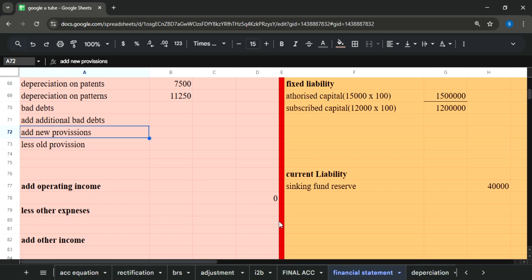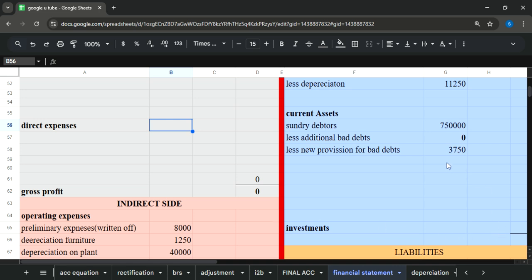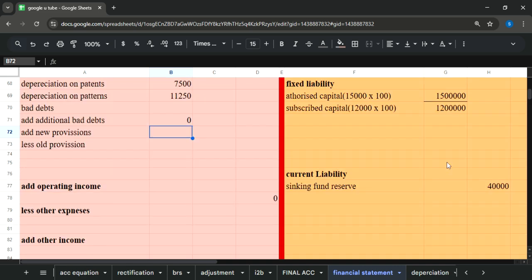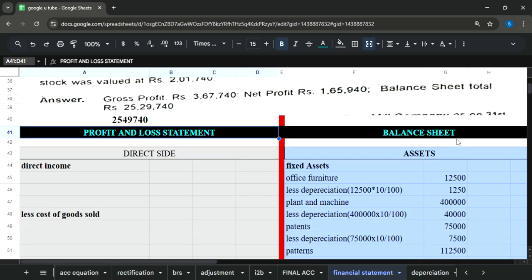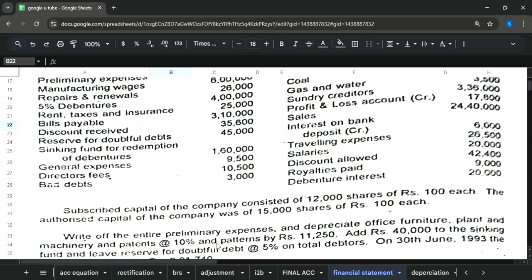And we are talking about this additional bad debts, not present. The new provision we have just calculated, the amount of which is 3750. You will have its second effect over here. So in this way the effect of these two elements is completed. And what does that mean? Bad debt adjustment is also completed.